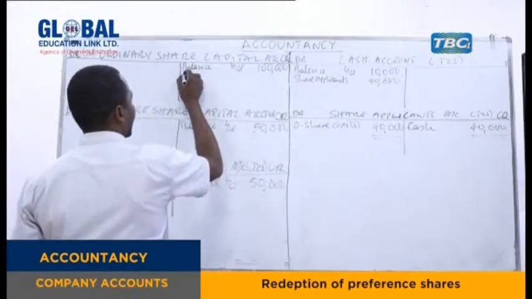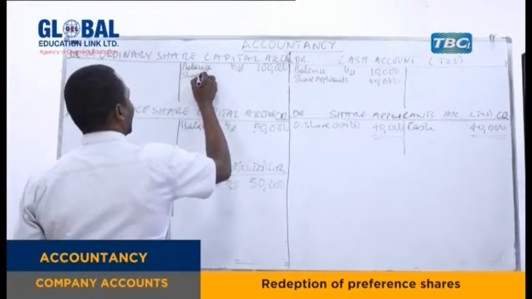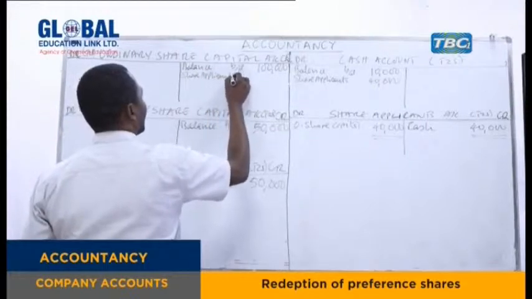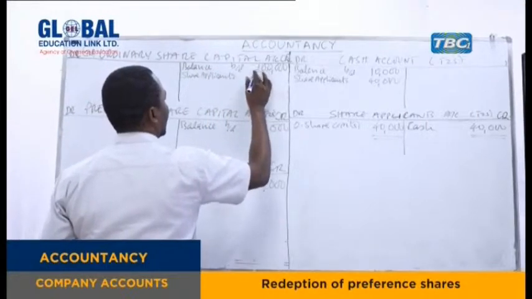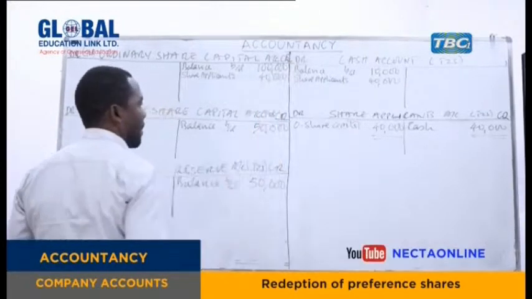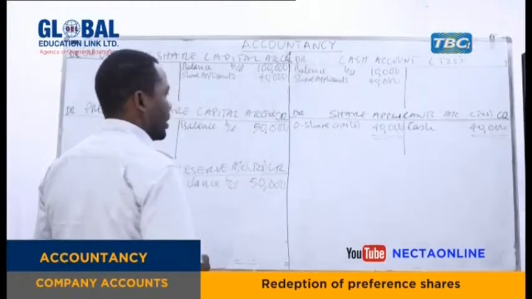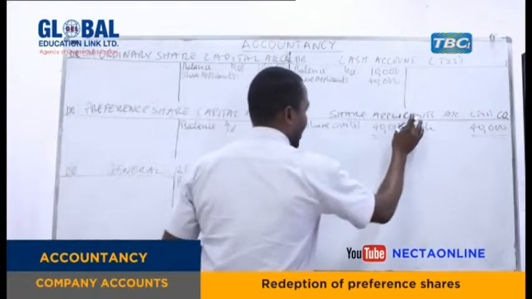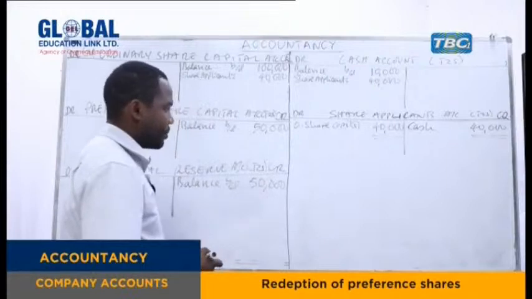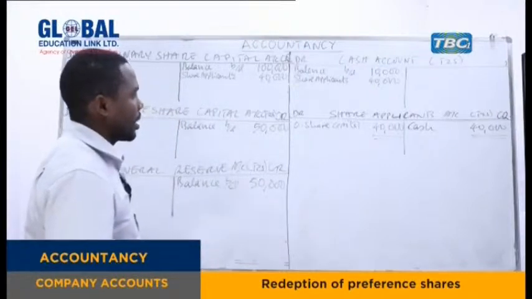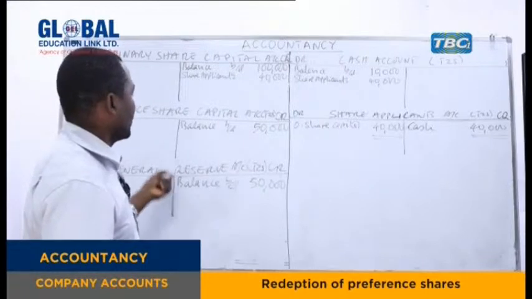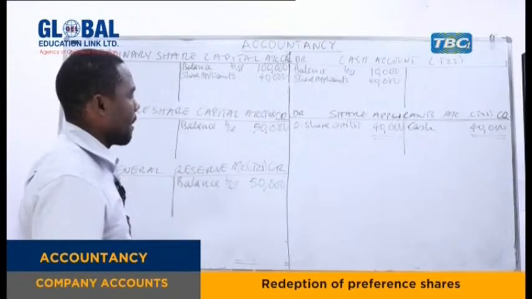From share applicants, it is 40,000. So far we have raised that cash to finance the redemption, and we have sufficient funds to redeem the preference shares.